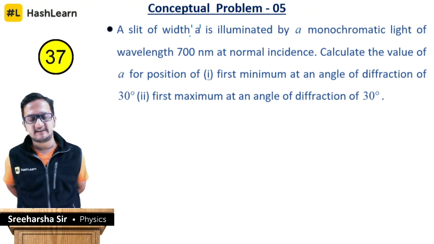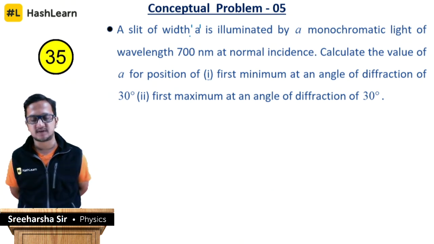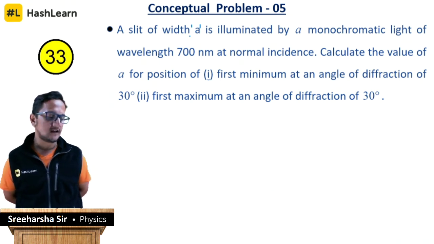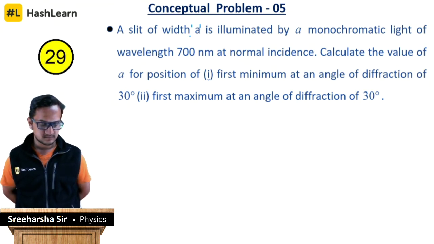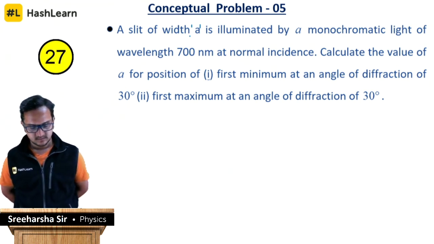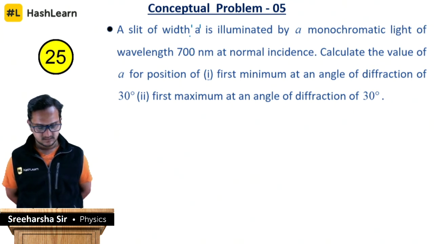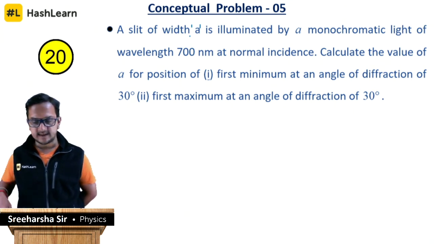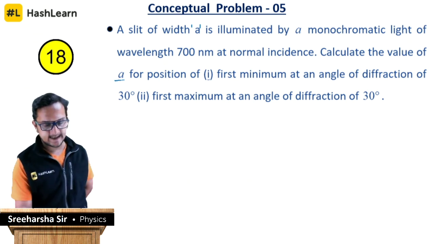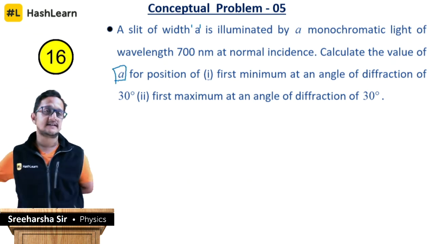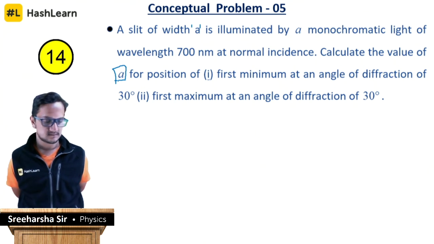So you have to find out the value of the slit width A for the position of first minima at an angle of 30 degrees. So this has to be found out, students.